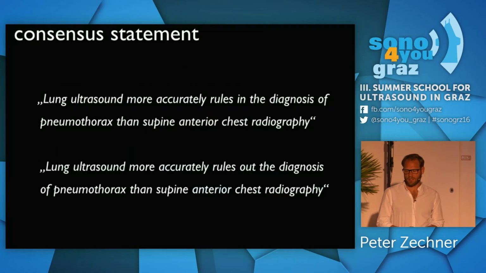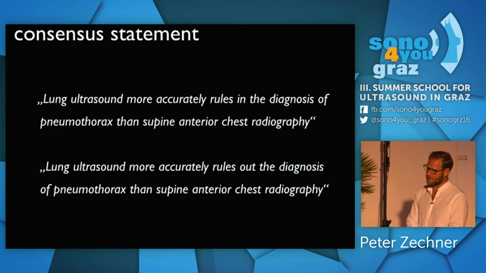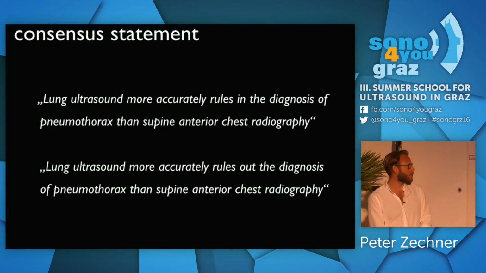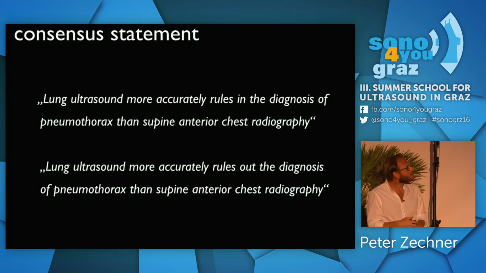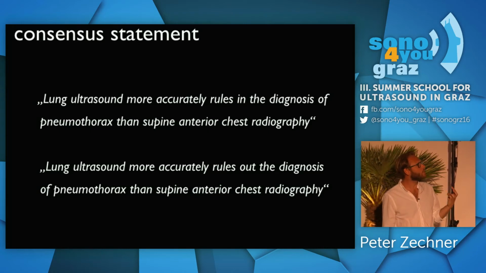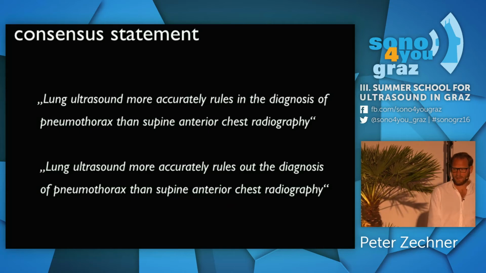So, what do the consensus guidelines tell us about ultrasound in case of pneumothorax? They say that lung ultrasound is more accurate in the rule out and rule in of a pneumothorax than supine anterior chest X-ray.